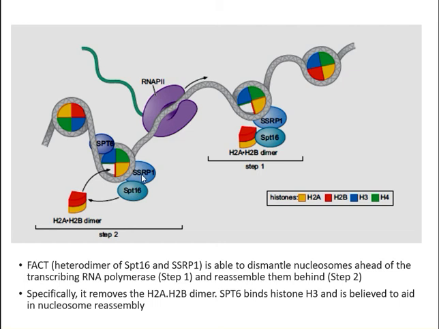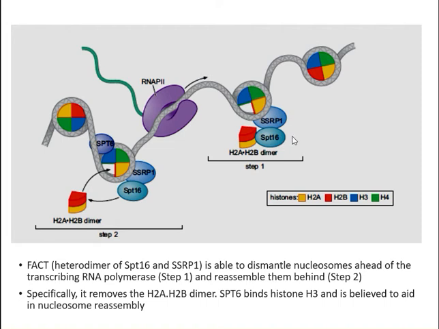So what is FACT doing here? FACT is removing the histones. See, FACT is removing histones. So it is dismantling or disorganizing the nucleosomes ahead of the transcribing RNA polymerase, because this RNA polymerase is coming. Before it comes to this region, these histones are to be removed, and that is being done by FACT.